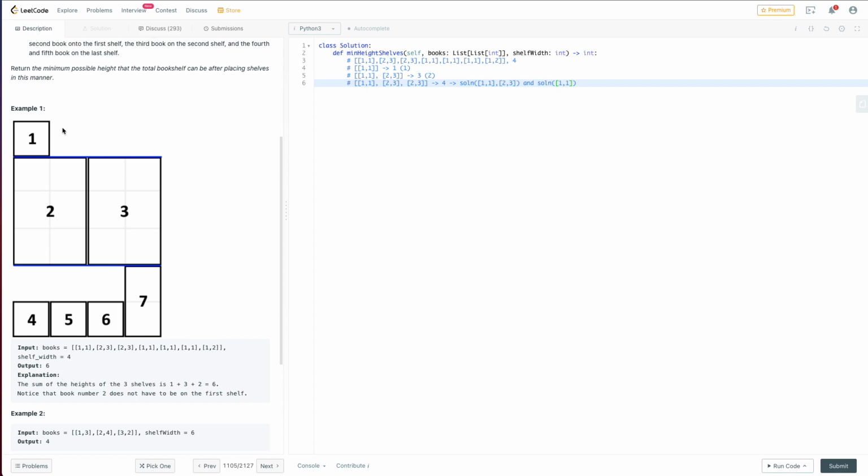But if 2 was, like, let's say 2 had width 1, and then 1, 2, and then this block of 3.